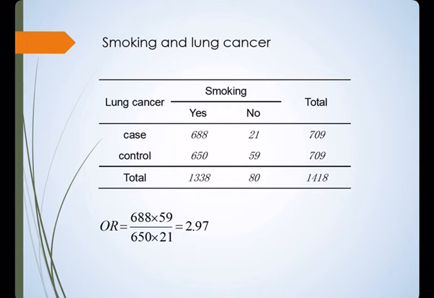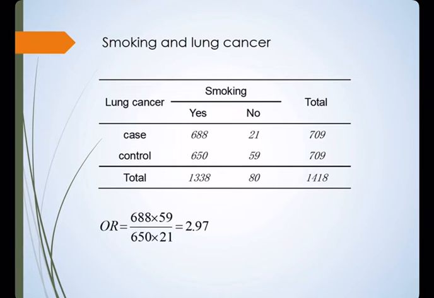So the odds of smoking among the lung cancer patients were about 3 times greater than the odds of smoking among the controls. The more the odds depart from 1, the greater the association between the exposure and the outcome.